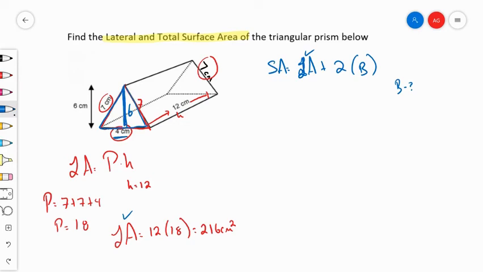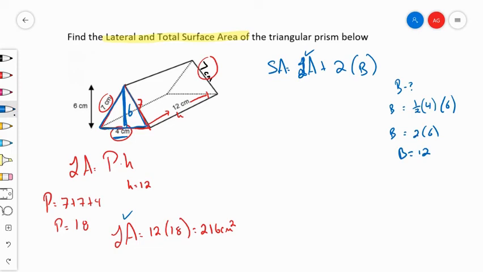The little b that I'm going to use for the base of that triangle is 4. I calculate the area by doing 1/2 the base, which is 4, times the height, which is 6. Half of 4 is 2, and 2 times 6 is 12.